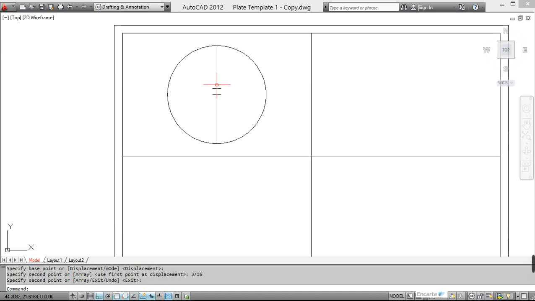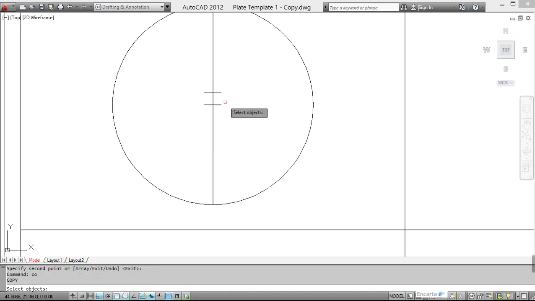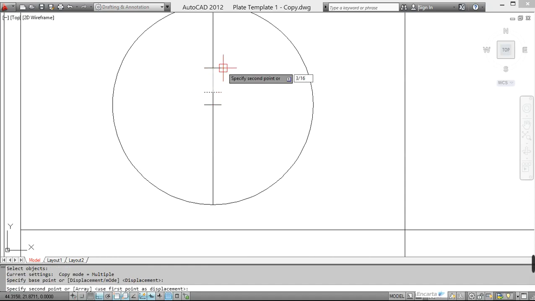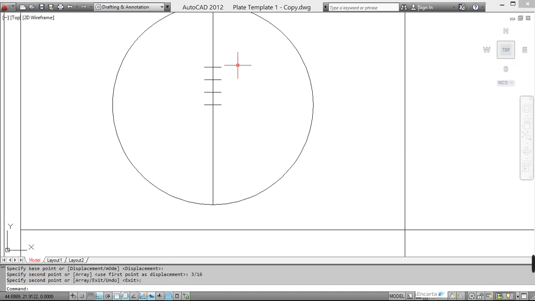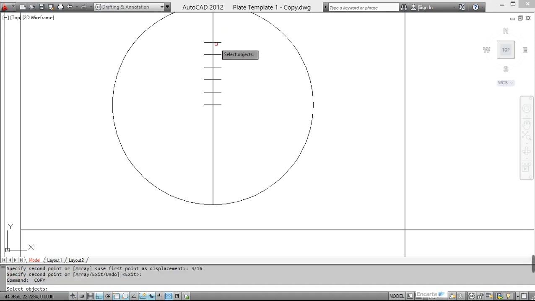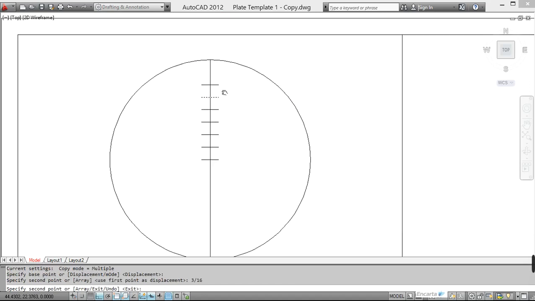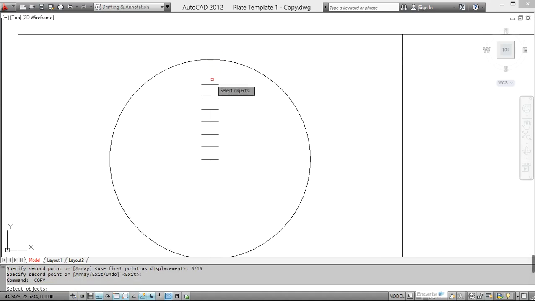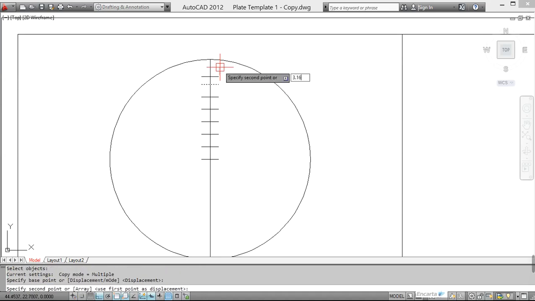Okay, that's the distance. And then next, again, then 16.